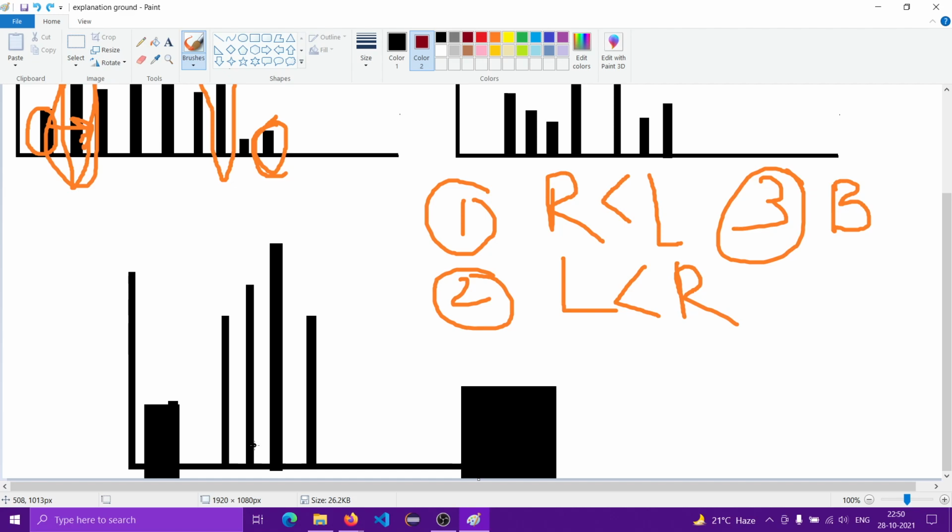Otherwise, there is no point in moving inwards, because even if one is going to increase, the increase will have no effect because the other side is small, so the water cannot fill up more than the smaller side. So I think you get the point. When both are of the same height, then both have to move inside, that is, we are moving inside from the left side as well as from the right side. So these are the three scenarios.